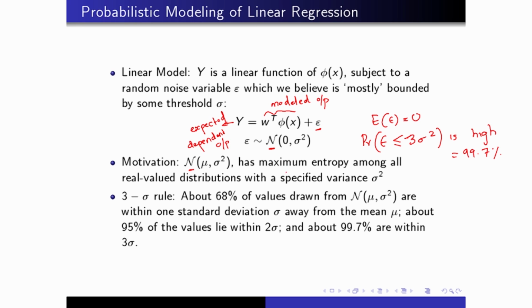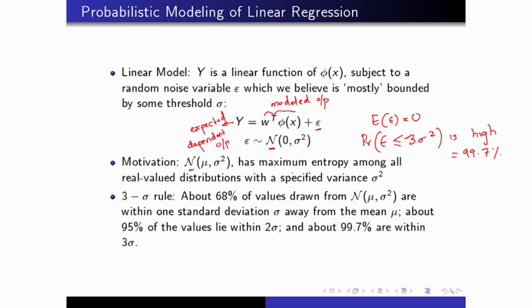Also, as an aside, given that we are unable to assert anything more about epsilon than that it must have some specified variance sigma square, but other than that, you would like the distribution to be as free as possible, what will be the natural choice? The natural choice would be that which maximizes the entropy of the random variable epsilon, the entropy of the distribution specifying epsilon.